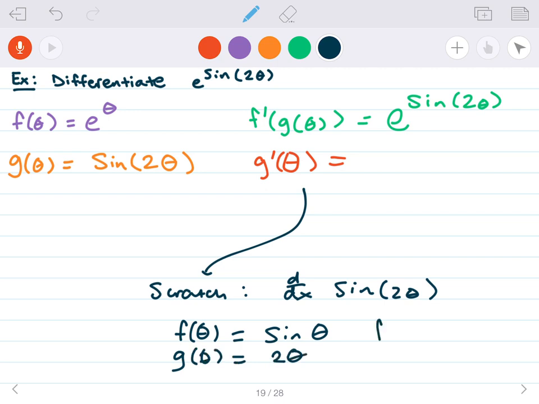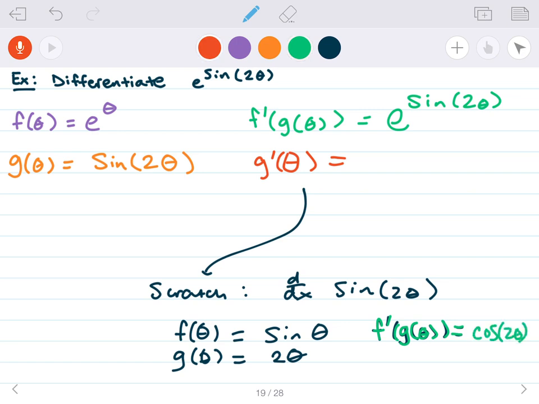And so f prime of g, I'll do it in green. Well, that's going to give me derivative of sine is cosine, so this is just going to be cosine of 2 theta.